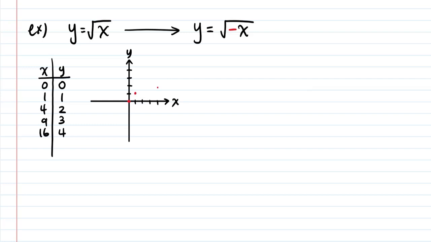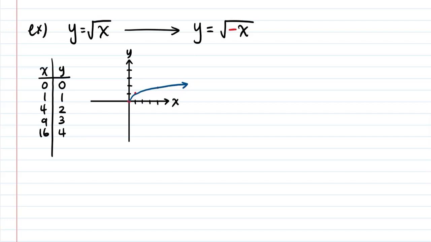Obviously we can't fit the 9 here, but you know the shape goes from 0 and 0 and continues like this. Basically that's the shape of the graph for y equals square root of x. We're going to draw the other one using the same shape, but it will be transformed, and we'll see how the points are transformed in the second graph.